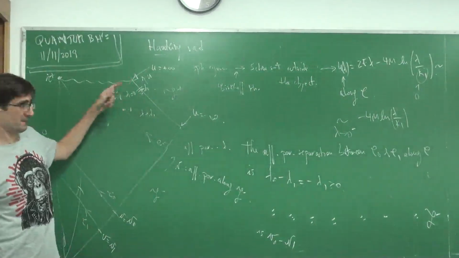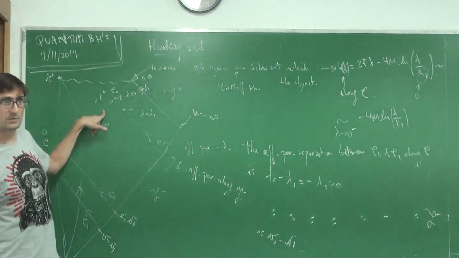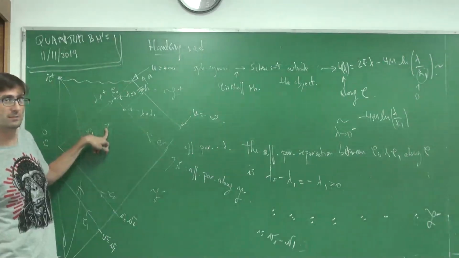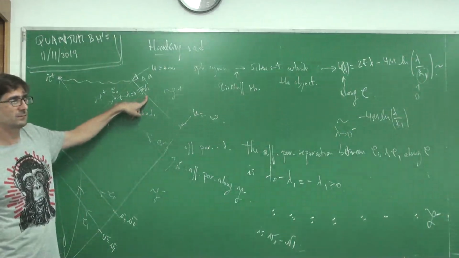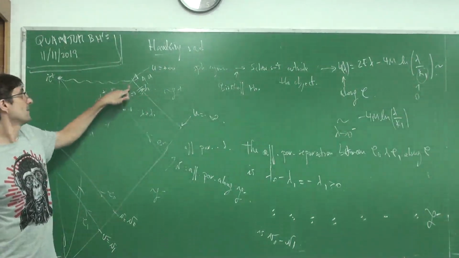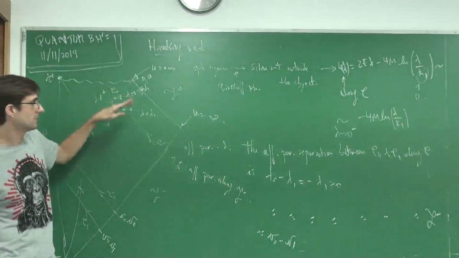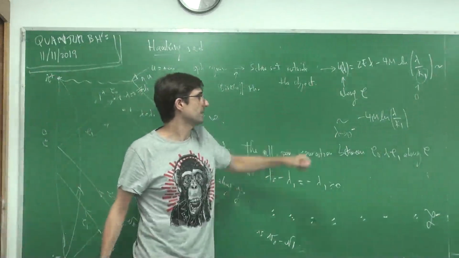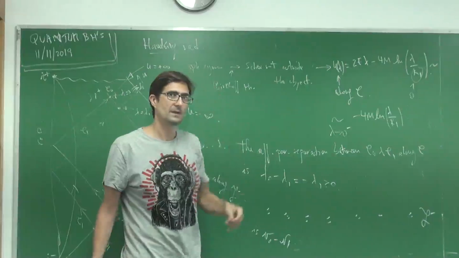Because it's the value of U at lambda equals 0 minus the value of U at lambda equals lambda 1. But the value of U at lambda 1 is finite, while the value of U at lambda 0 is infinite. Now it goes to infinity in this way, so we're going to get this in a minute.